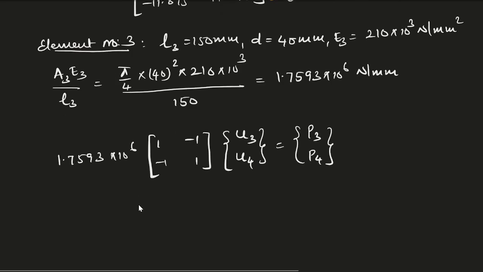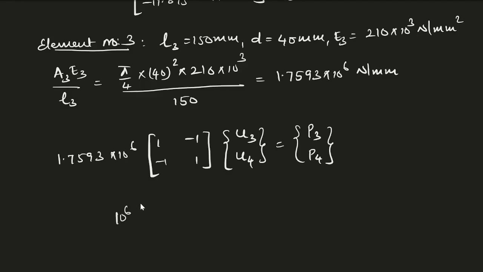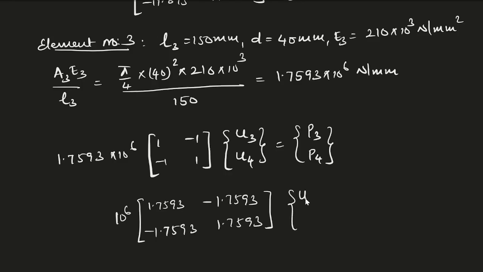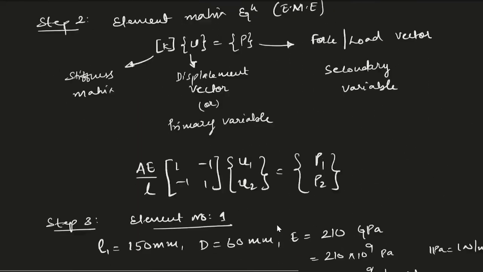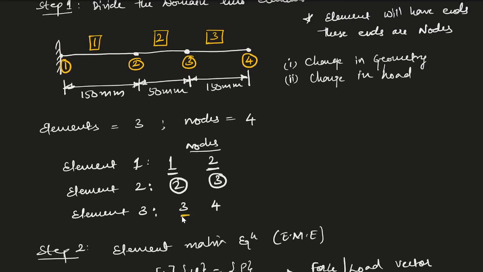Again I'll multiply inside 10 power 6: 1.7593, minus 1.7593, minus 1.7593, 1.7593, into U3, U4, equal to P3 and P4. Now the numbering is 3 and 4, because the third element is lying between 3 and 4.